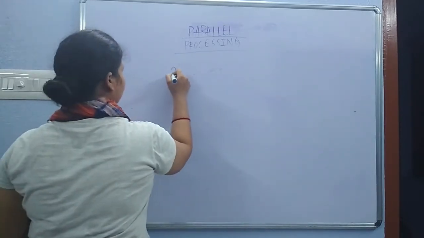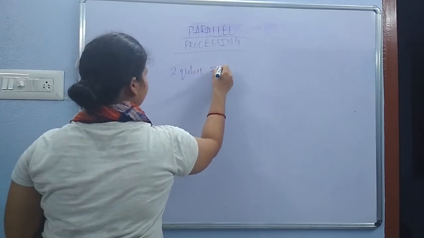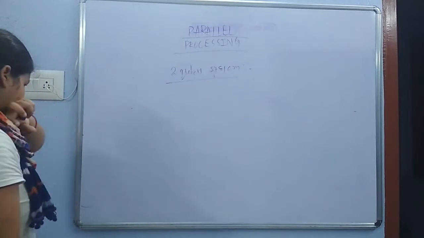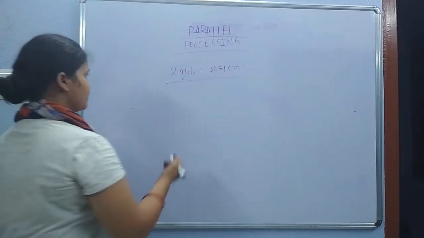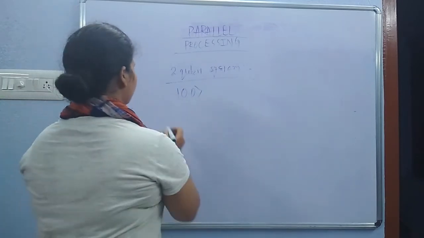So for a 2 qubit system, we are taking the initial state 0 0 as it is a 2 qubit system.